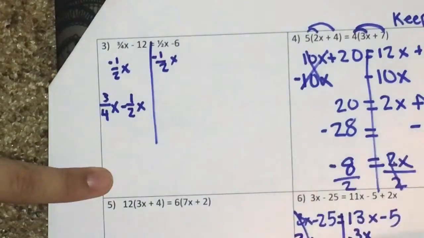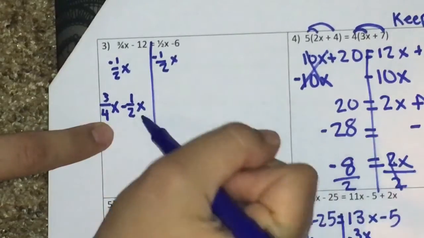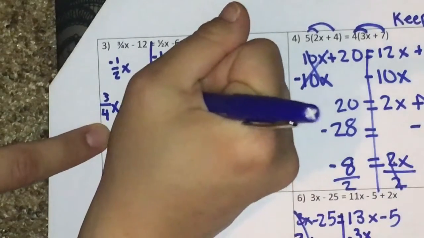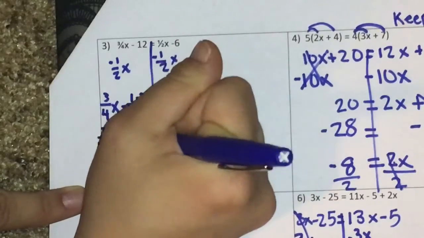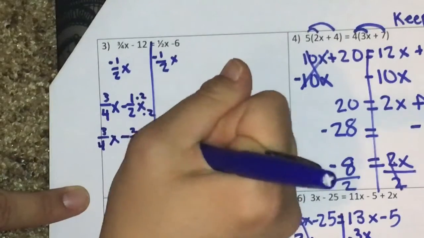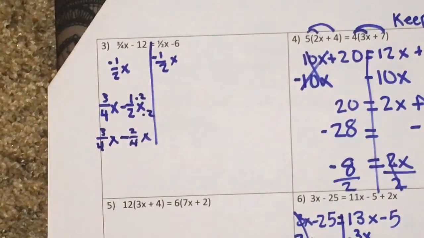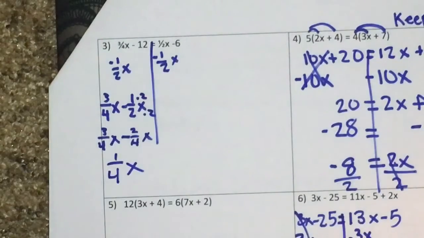In this case, my common denominator is going to be 4 because my 1/2 can be multiplied so that the bottom is 4. So I multiply by 2 over 2, and I get 3/4 x minus 2/4 x, which ends up being 1/4 x. Subtract the numerators, keep the denominators the same.